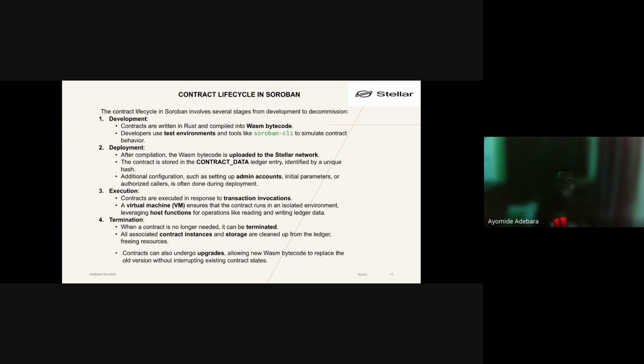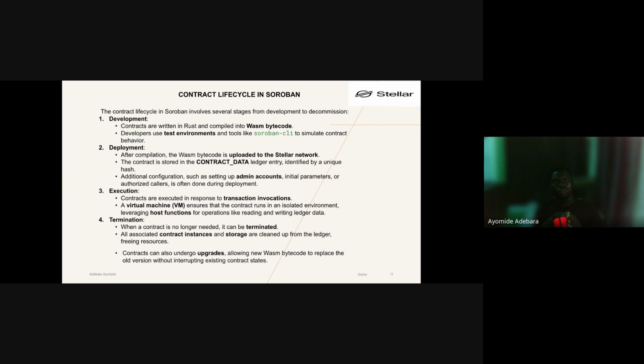All of these things are done during the deployment. That's a situation whereby you want to have some function called first, initialized first, before your smart contract starts running. So all of these things run during the deployment process.